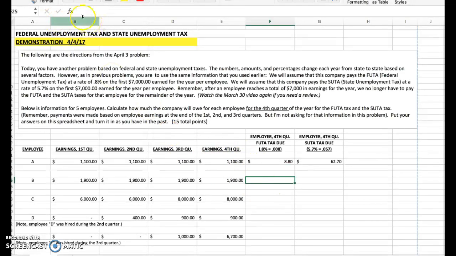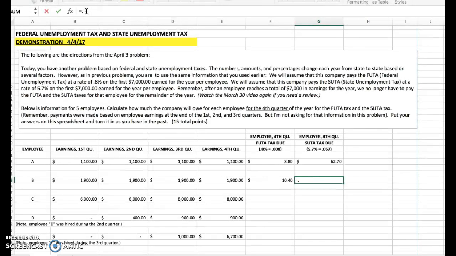the same way we did before. Let's do it up here. So that means we will pay 0.008 times 1,300, which is $10.40. So once again, if you need to rewind and go over this again, do so, because that's important. So we're paying on $1,300 because that gets us to the $7,000 maximum. And the same thing happens over here, only this time we're talking about 0.057.